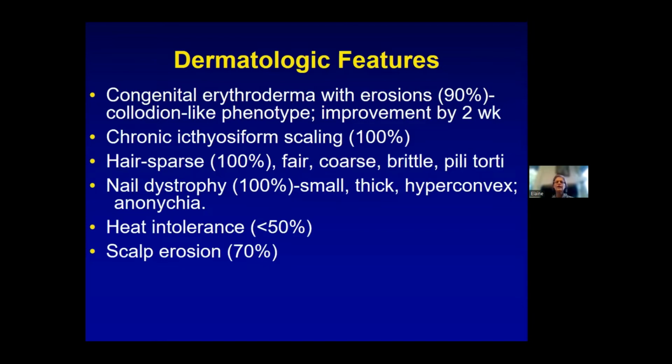The nail dystrophy is described as small, thick, hyperconvex nails. Heat intolerance is not as common as it is for the HEDs, but it occurs in about 50% of patients. And the scalp erosions that are prominent in the newborn period can be chronic, but typically do tend to improve over time.